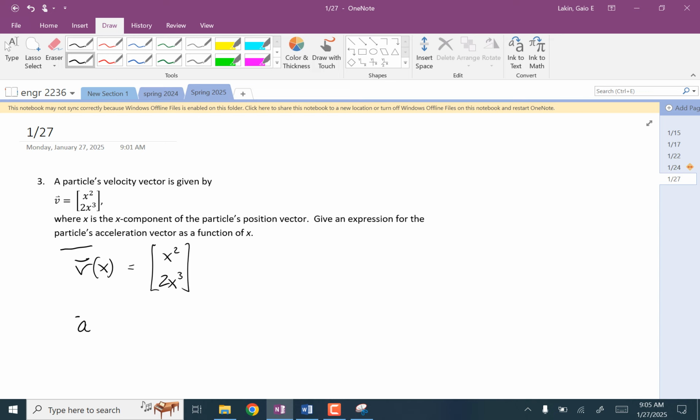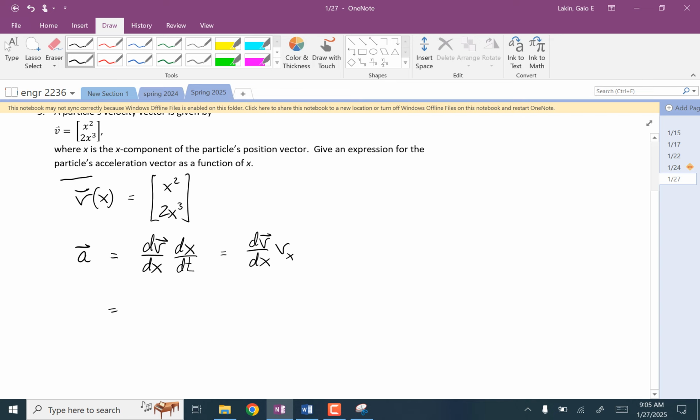So the acceleration is the derivative of the velocity with respect to x times dx/dt. And so that's the derivative of the velocity vector with respect to x times the x component of the velocity. And so dv/dx is 2x for the x component, 6x squared for the y component.